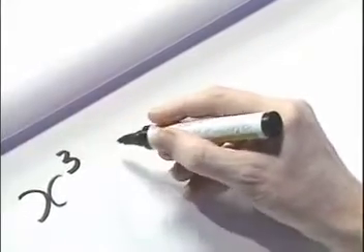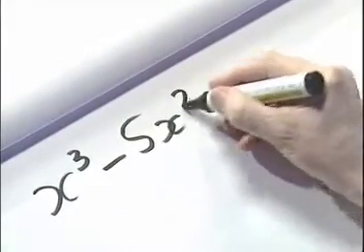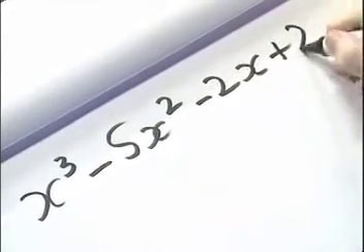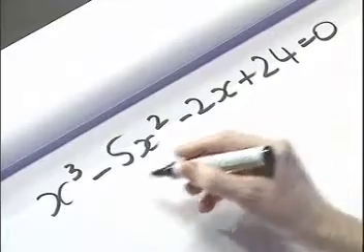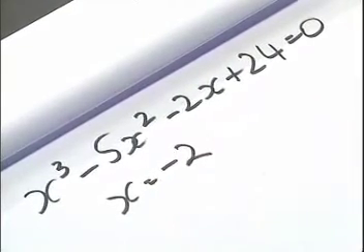When solving cubics, it helps if you know or think you know one root to start with. For instance, take the equation x cubed minus 5x squared minus 2x plus 24 equals 0, given that x equals minus 2 is a solution.